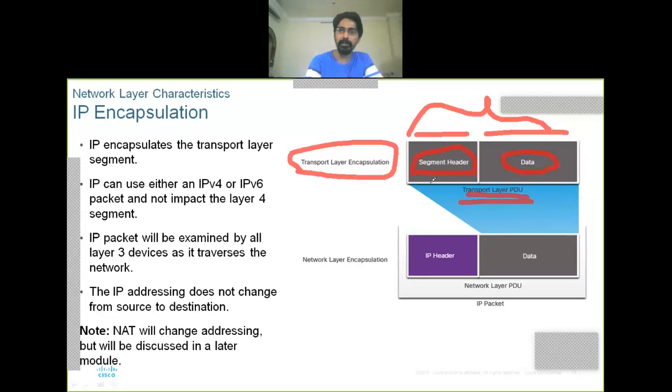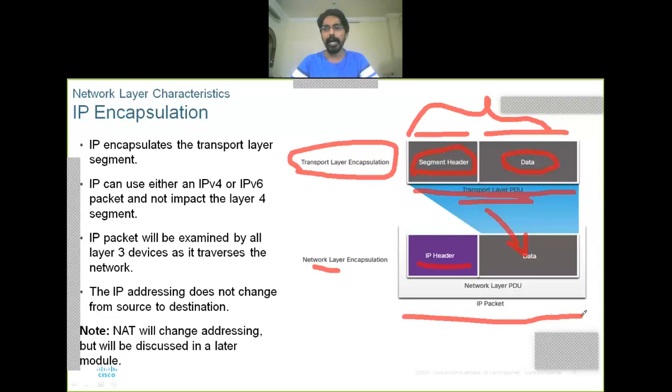This transport layer PDU, this complete data, is the input for the network layer. So to this complete data, we apply header information, the IP header, which makes this complete packet an IP packet, right?